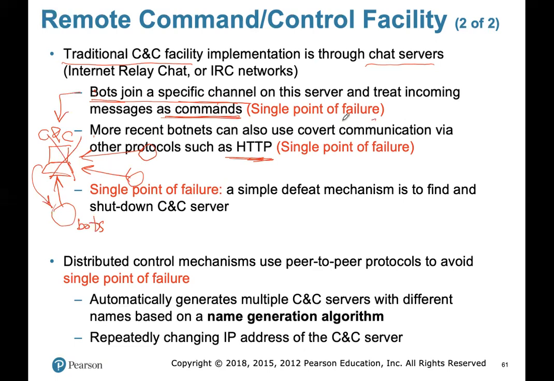So this is what we call a single point of failure. A single point of failure means that a simple mechanism that can be used to combat bots is to find the CNC server and just shut it down or make it inaccessible.